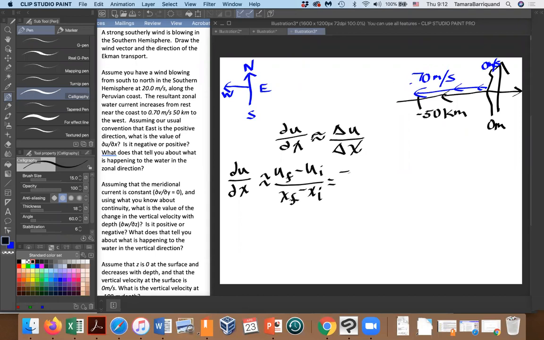So that'll be a negative 0.70 meters per second minus our u initial, which was starting from rest, so 0 meters per second, over our x final, which is also a negative value. It's a negative 50, and I'll go ahead and convert that into meters, 50,000 meters, minus our x initial, which will be 0 meters.